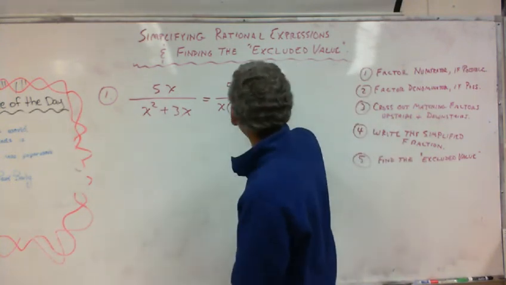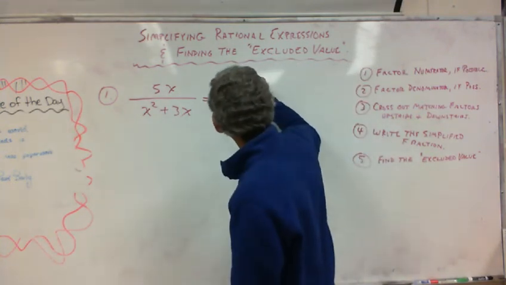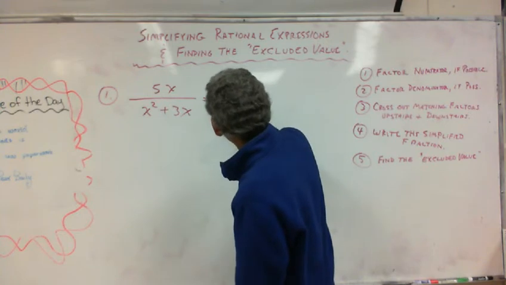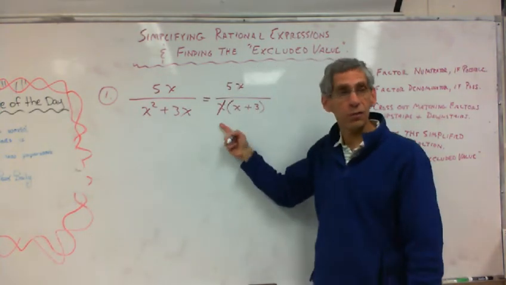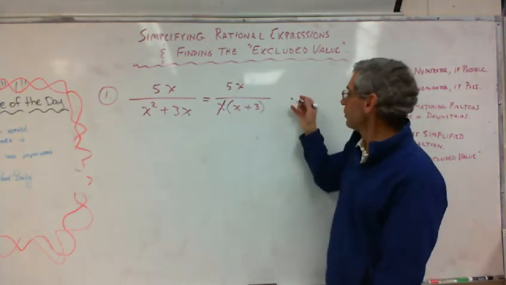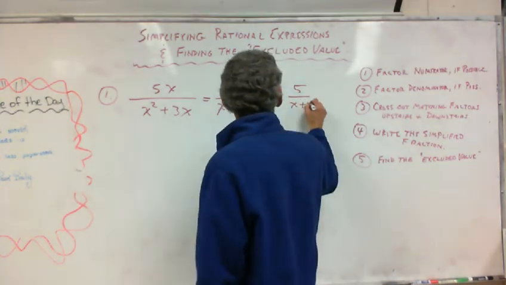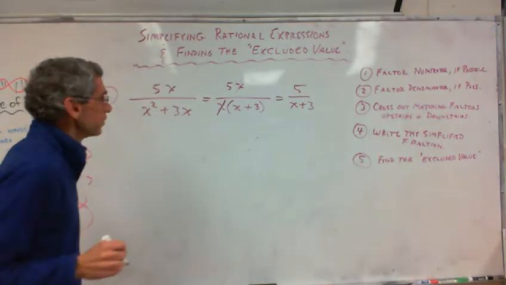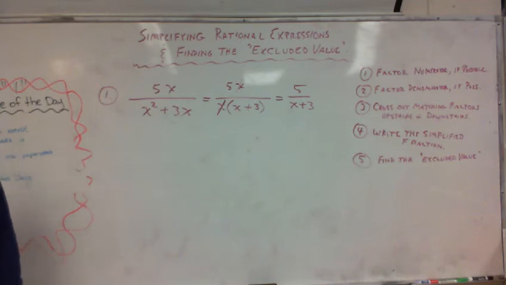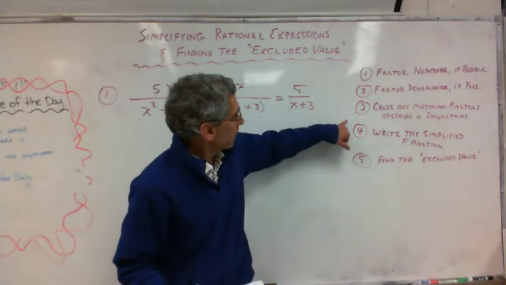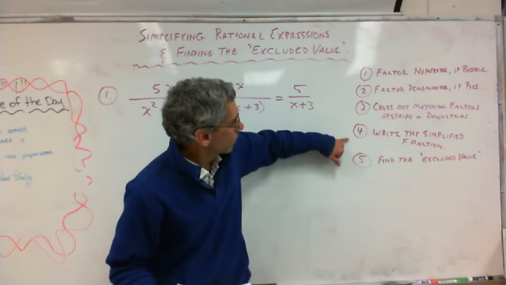This X, not the 5, but the X, can cross out, because X over X is 1. So really, my final answer is just 5 over x plus 3. That looks much easier. We crossed out, and then we wrote the simplified fraction.